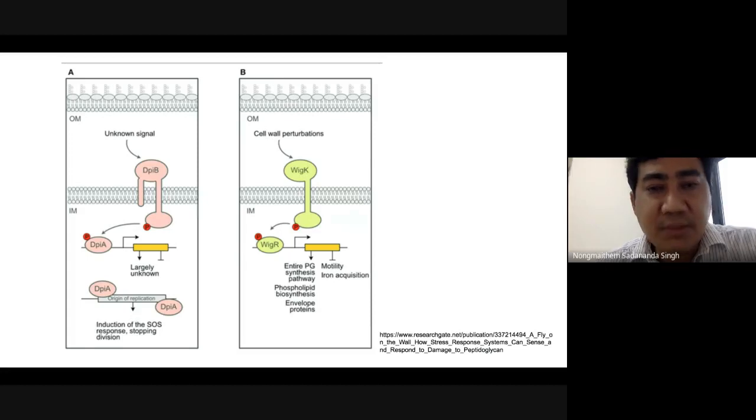So many times, these antibiotic resistant genes are present in bacteriophages.